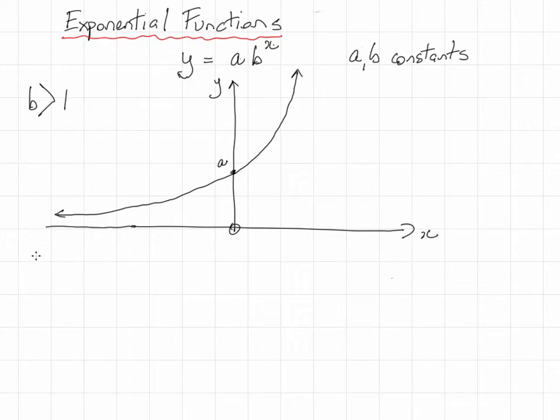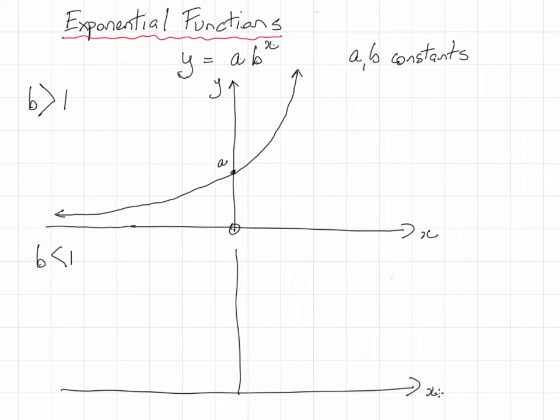Okay, that's b greater than 1. Now b less than 1. So we've got a fraction here, so you've got to think about what's going on when we've got a fraction. If x is equal to 0, even if this is a fraction, raised to the power of 0 is 1, so it'll still go through the point 0, a.